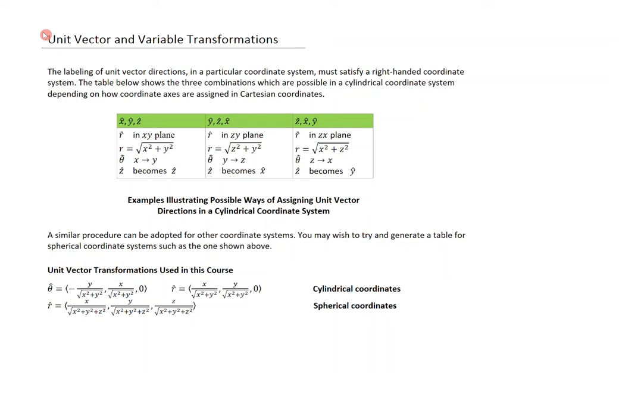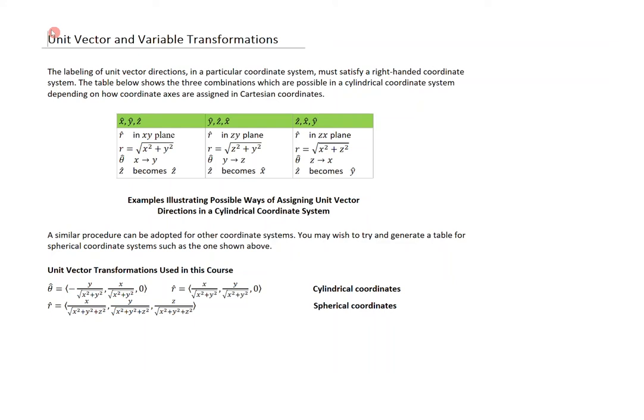It doesn't have to be so. You can choose other axes to set up a cylindrical coordinate system, but you just have to make sure that you do the transformation correctly in order to achieve a right-handed coordinate system. And so this table illustrates how that's to be done. You can do this for other coordinate systems, so it might be useful for you to try and generate such a table for spherical coordinates.